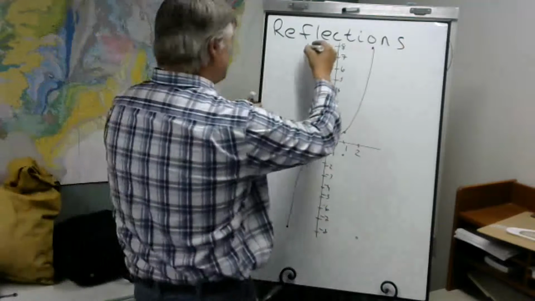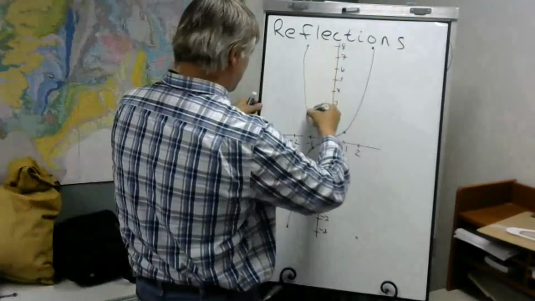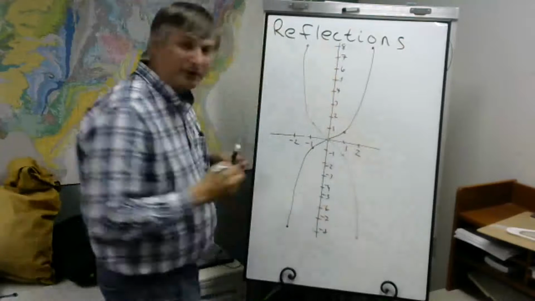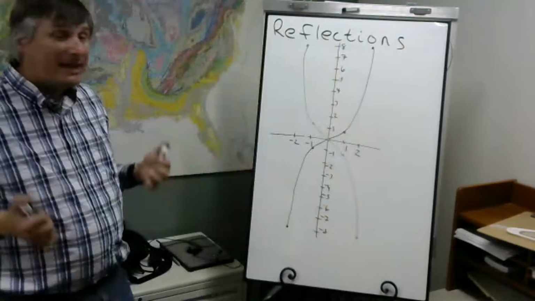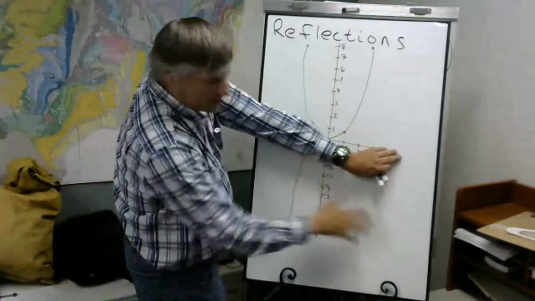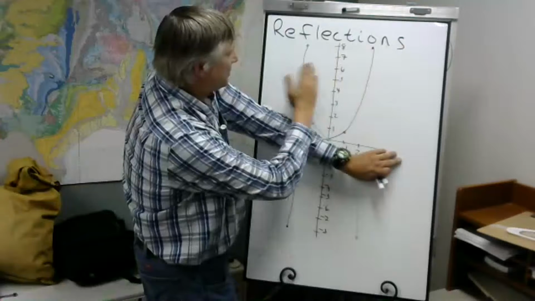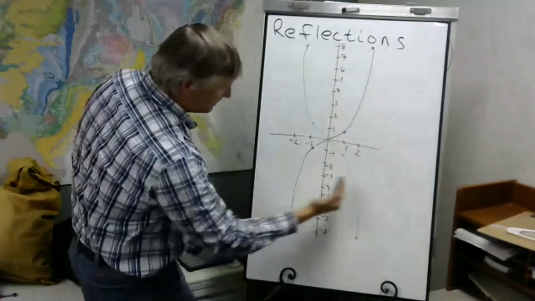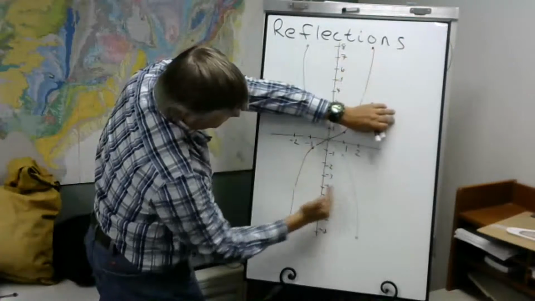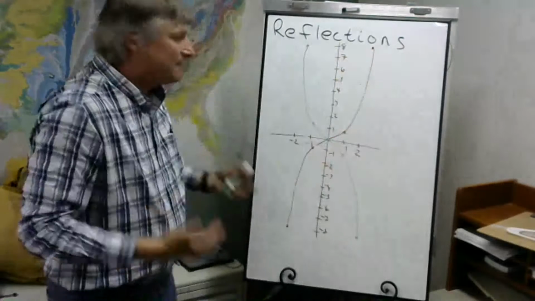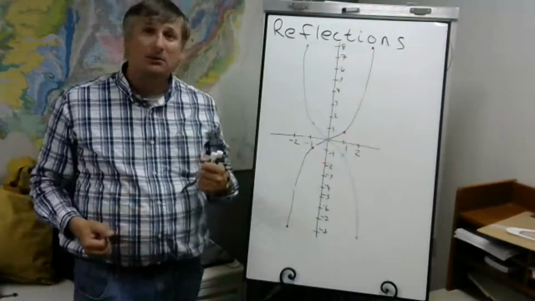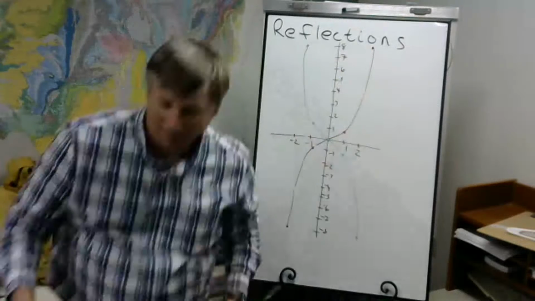So if we connect these, we're going to get this. And as you can tell, look at this top part, kind of forget the bottom, this is a reflection of each other. And down here, these two are reflections of each other. So again, that's how you do reflection across the y-axis. Any questions? Let me know.